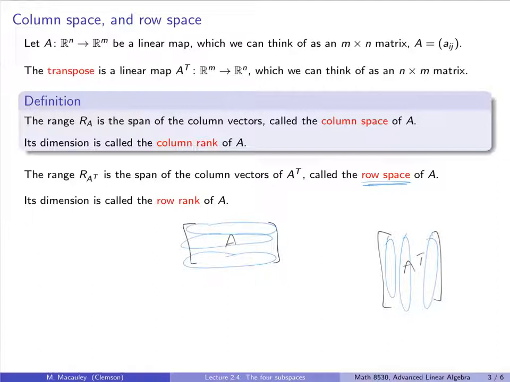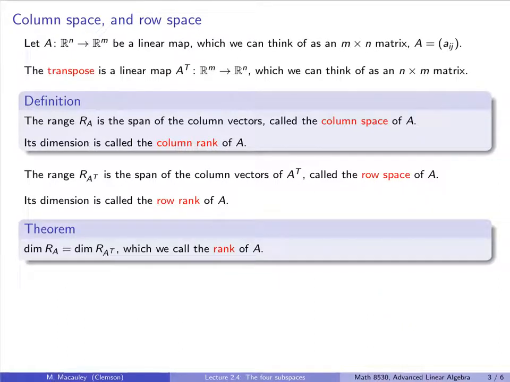The dimension of the subspace spanned by the row vectors, or equivalently the column vectors of the transpose, again these are just n-tuples living in some n-dimensional space, is called the row rank.